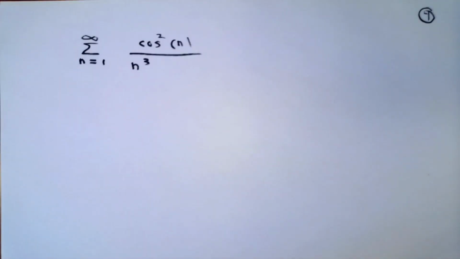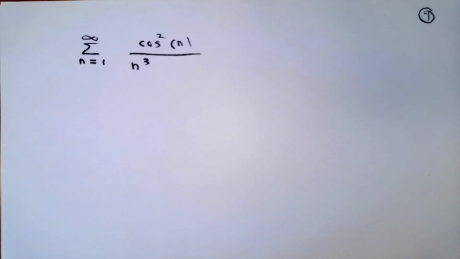For the series, the sum n equal 1 to infinity, cosine squared n over n cubed, all we have to do is observe two things. Firstly, the cosine function never exceeds 1 or negative 1 in its range of values. When you square a number, you lose any negativity that it might have had.